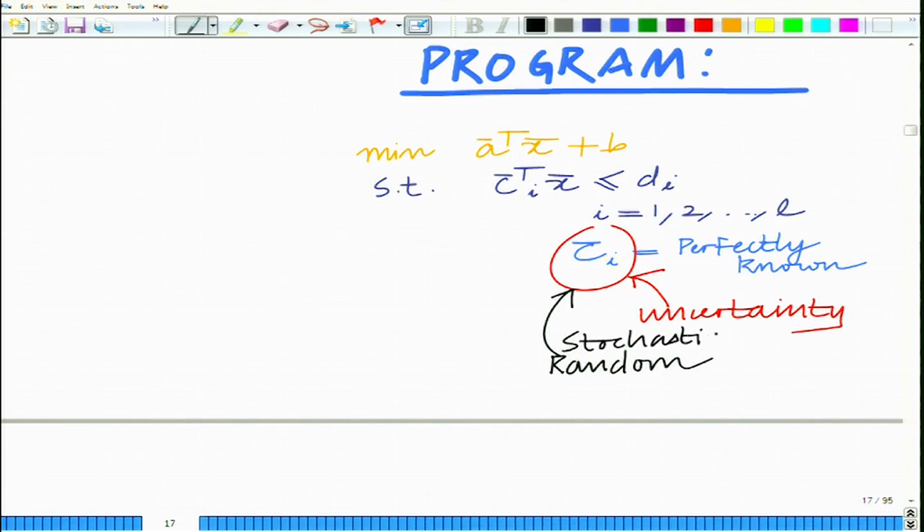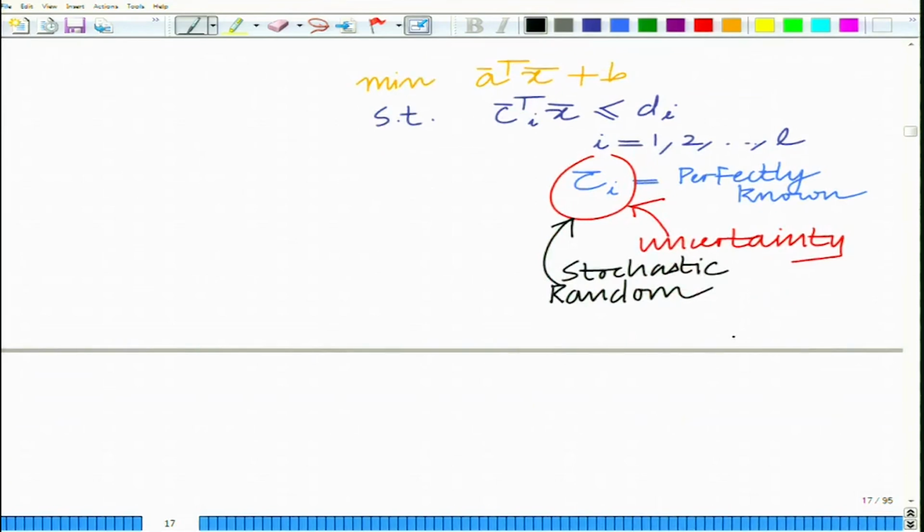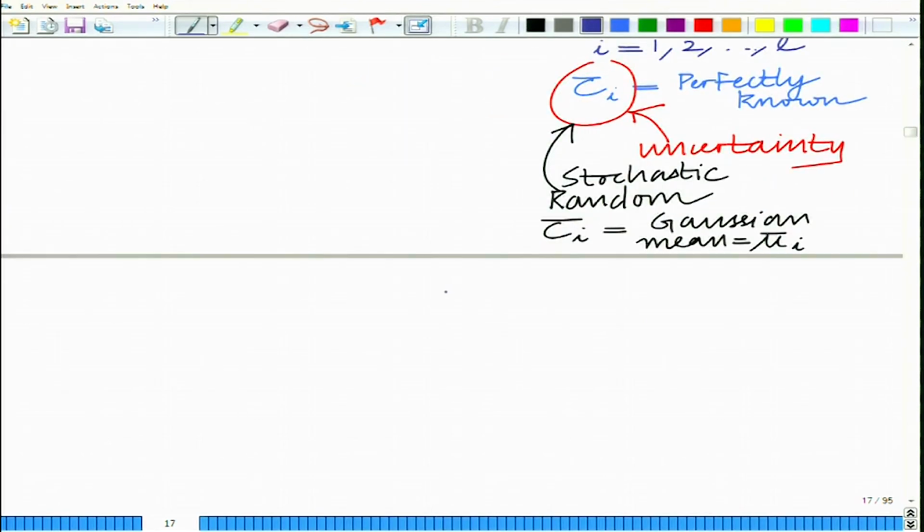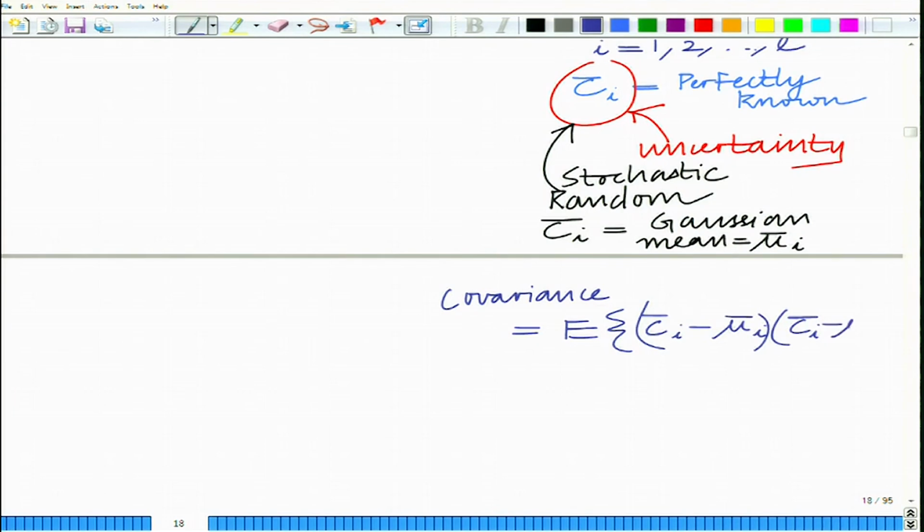In particular, you can assume that these c bar i's are Gaussian random vectors with their nominal value, which is their mean, equal to mu bar i, and the covariance, the expectation of c bar i minus mu bar i times c bar i minus mu bar i transpose, equal to R i. This is the covariance matrix.